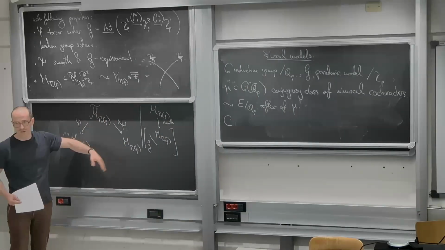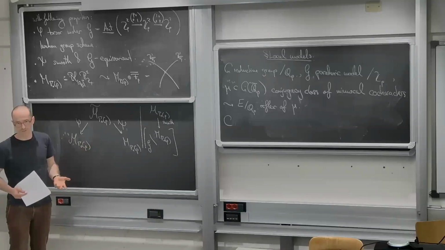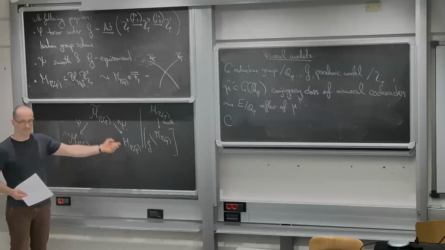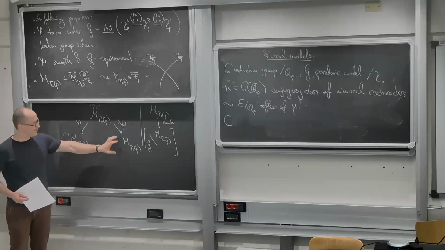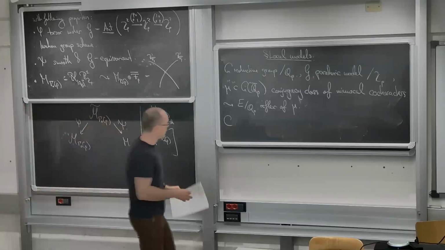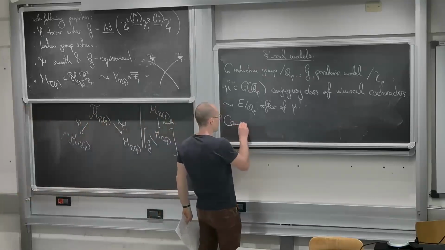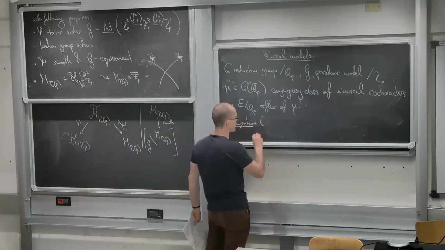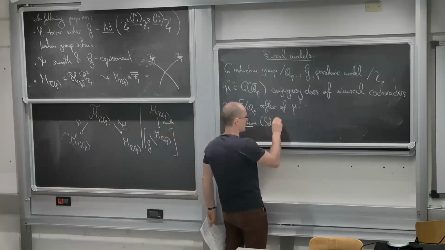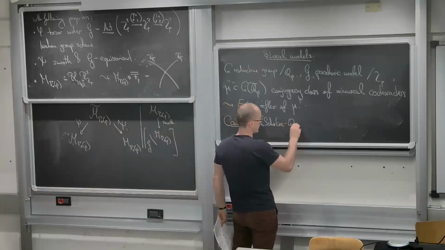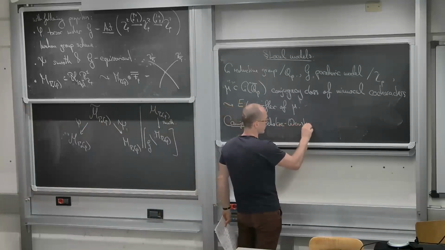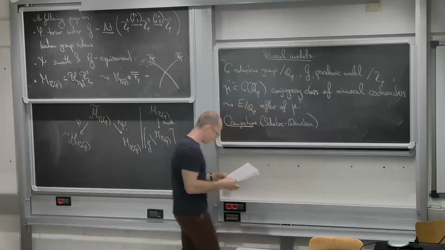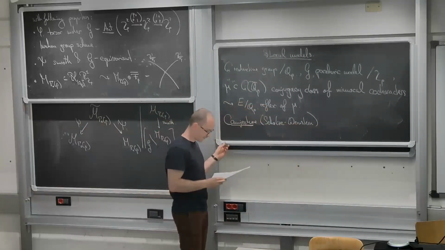So how can I define this object in the first place, and then maybe in second place make the connection? In a way, this was only clarified around 2014 in a conjecture by Scholze, in this book of Scholze and Weinstein. And it states the following.